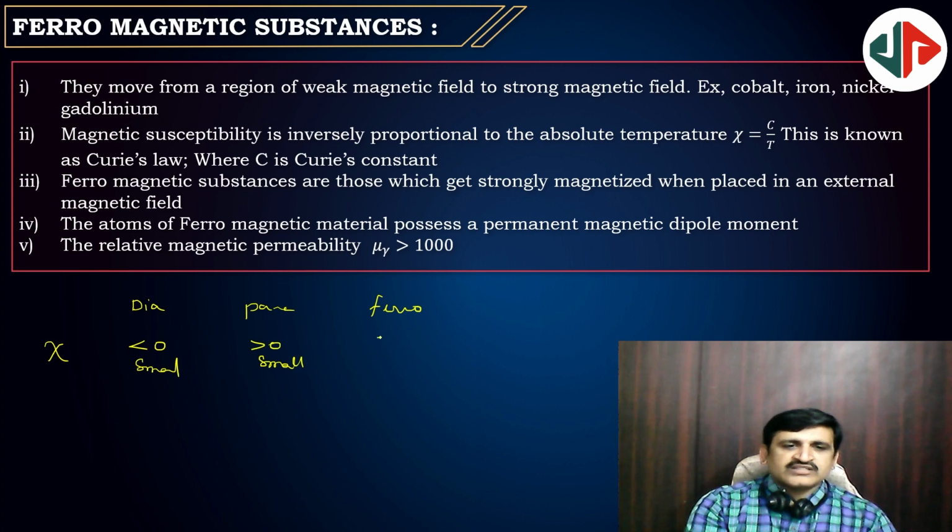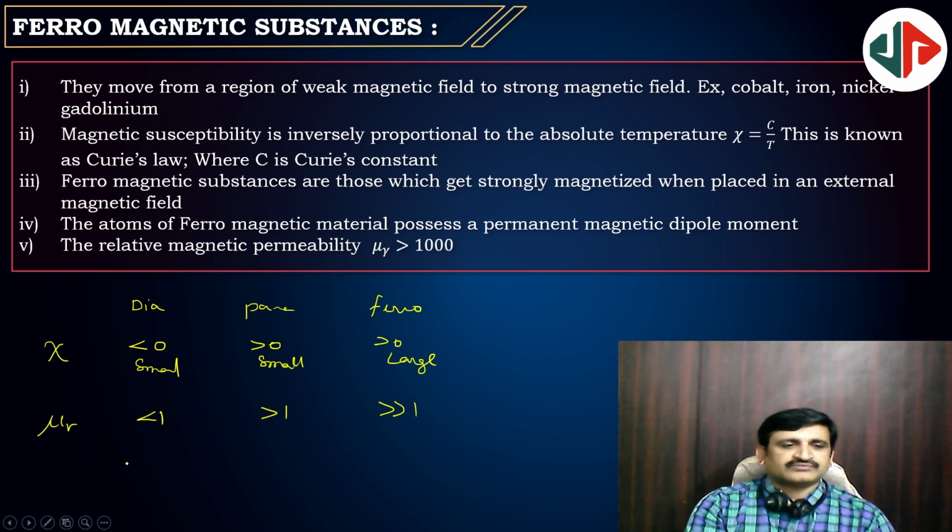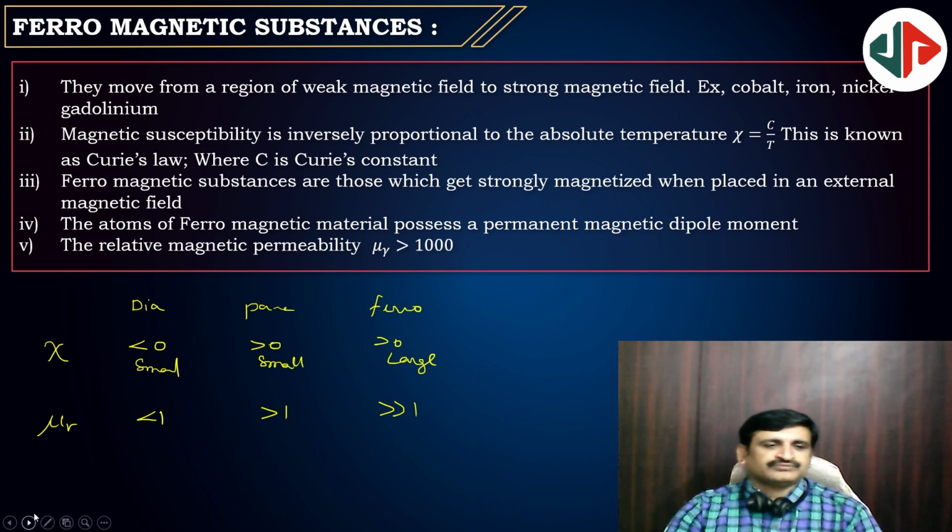For ferromagnetic, chi value is positive only but large, can be magnetized highly. And relative permeability is very large, very high for ferromagnetic, and these are just greater than 1, these are less than 1. Relative permeability less than 1. Okay, small numbers will come, point numbers like that.